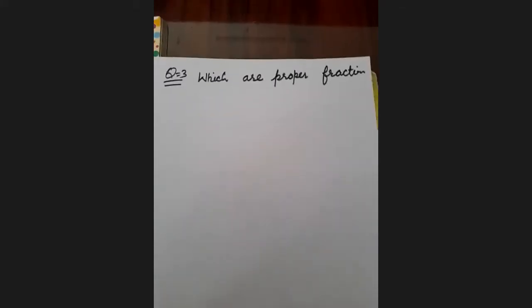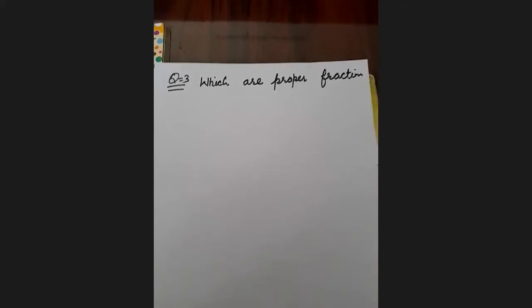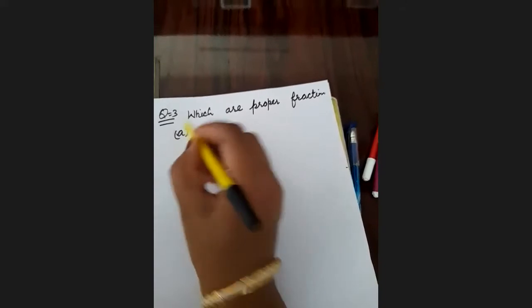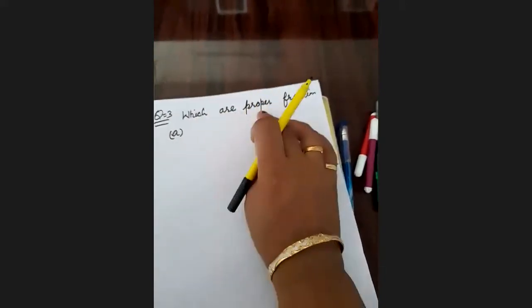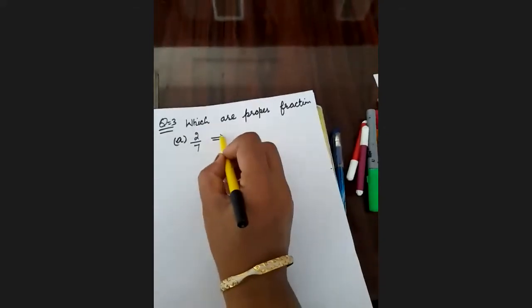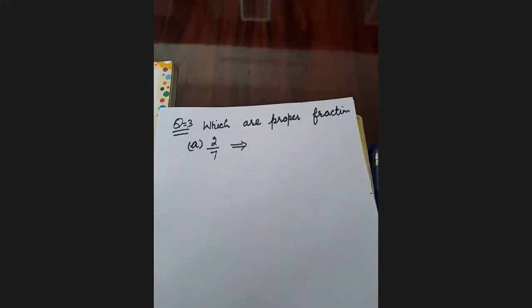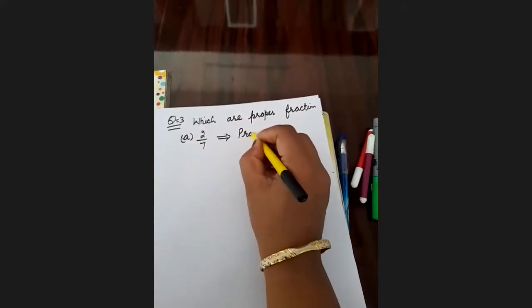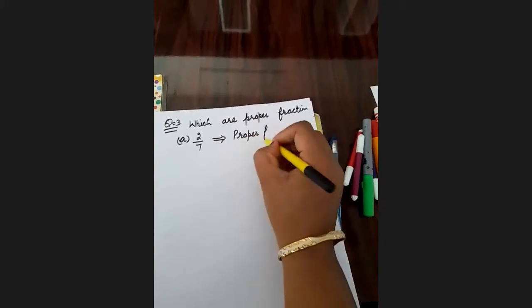Now your first number is 2 upon 7. Now the numerator is 2 and the denominator is 7. So this is a proper fraction. The answer is yes. All right. Proper fraction.